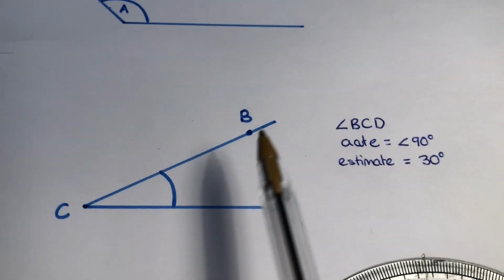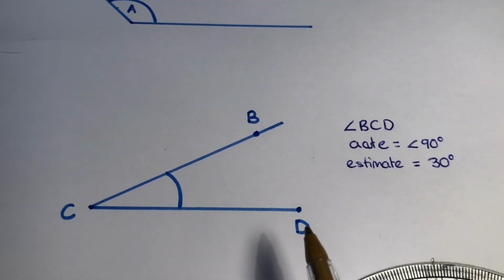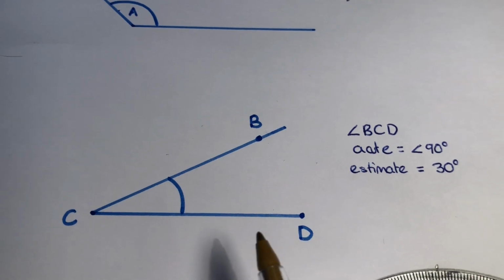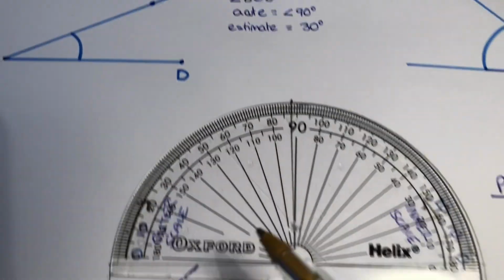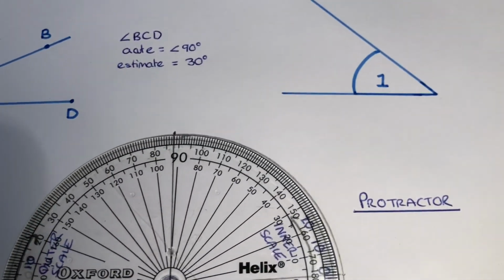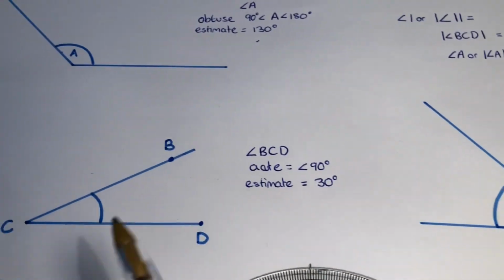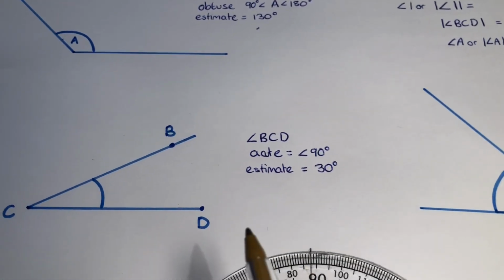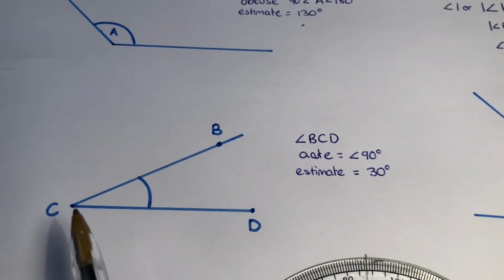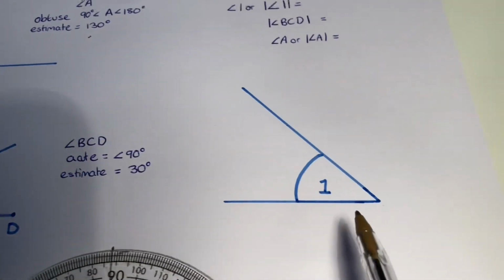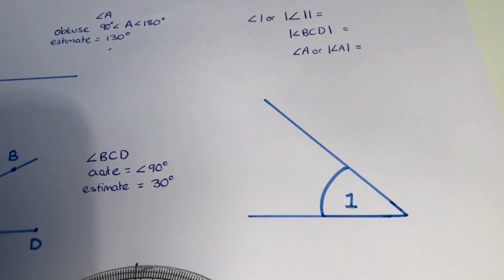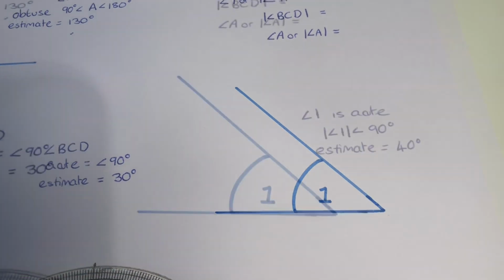And that's going to help us later on when we learn about using a protractor and why there are numbers that go around the outside and numbers that go in the inside. And that just is whether we're going to have the vertex on the left or the vertex on the right. That's the reason why we have these two sets of numbers on a protractor.